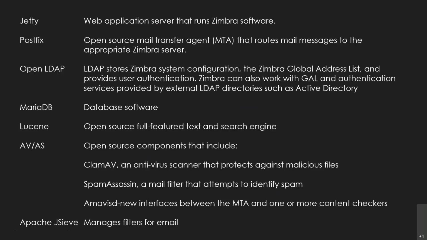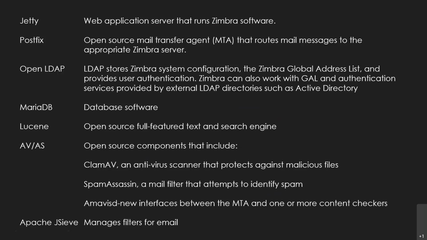And anti-spam and antivirus are open source components that include ClamAV. It's an antivirus scanner that protects against malicious files. And SpamAssassin is an anti-spam service. It attempts to identify spam. And AmavisD is a new interface between the MTA and one or more content checkers.